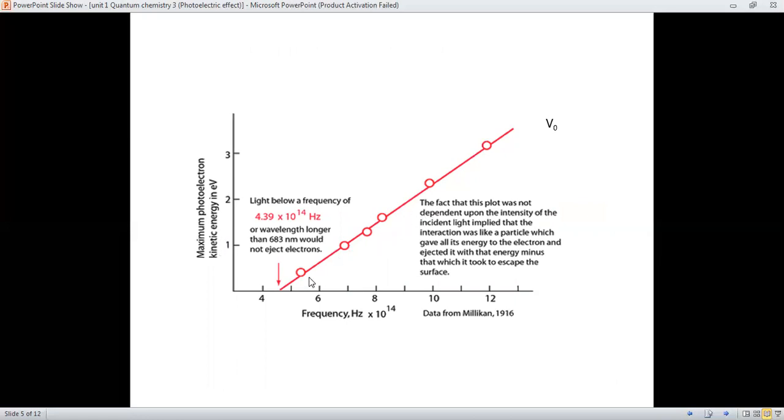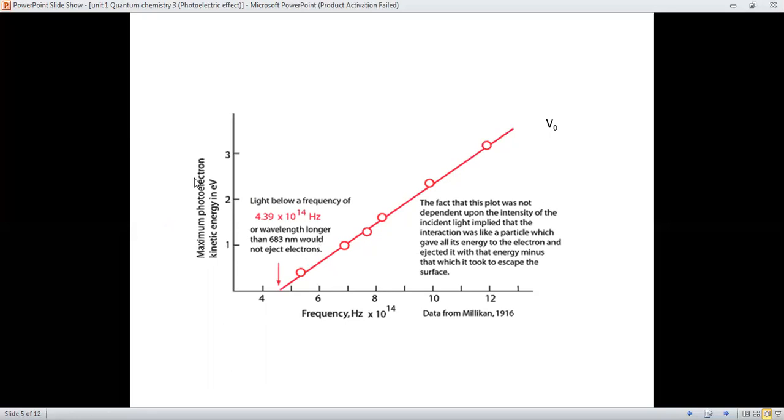And when the frequency reaches a certain minimum value, that value of the frequency is called the threshold frequency, denoted by ν0. Below this value of frequency no electron will be emitted, but above this value the electron emission will be recorded, and the kinetic energy of the emitted electrons will go on increasing as the frequency increases.